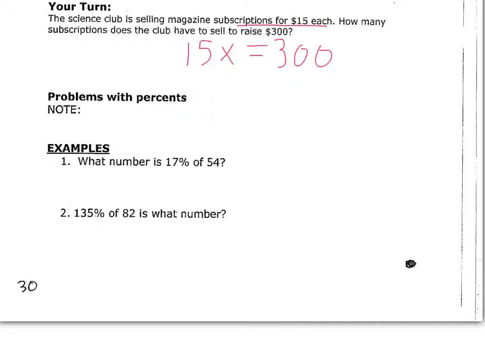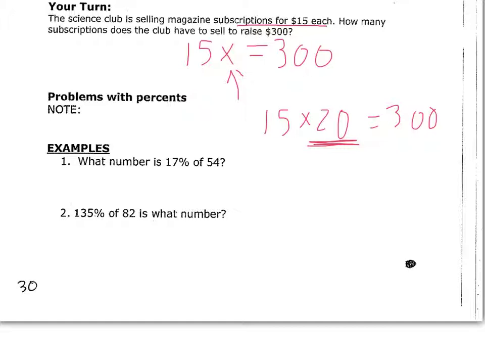We need to know how many they have to sell to make 300. What times 15 do we need to get to 300? If you multiply 15 times 20, that equals 300. So to make their goal of $300, they would have to sell 20 magazine subscriptions. Okay, fairly simple. We've got 2 more examples, and then we're going to call it good for the day.